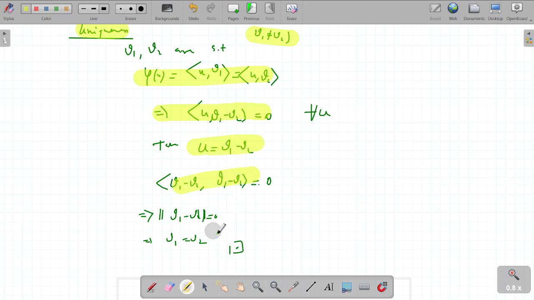Now if I put that in, the inner product of x comma x is basically the norm of x squared. So I'm just applying this and get the norm of v1 minus v2 equal to 0. Now 0 means that they are equal. So this is how the theorem is done.